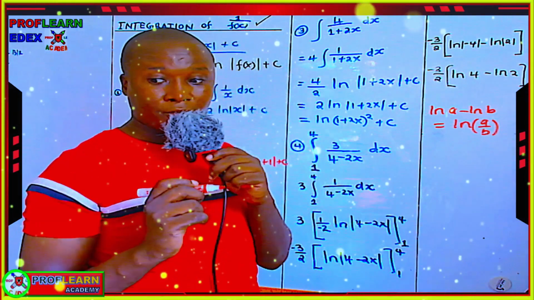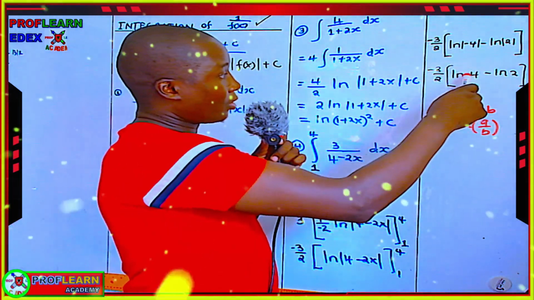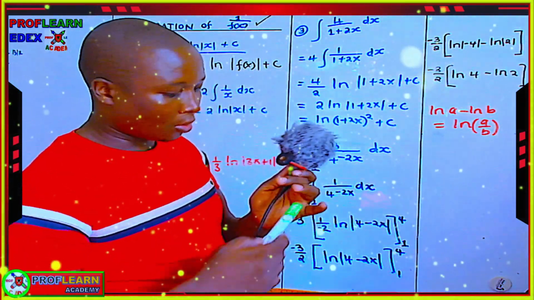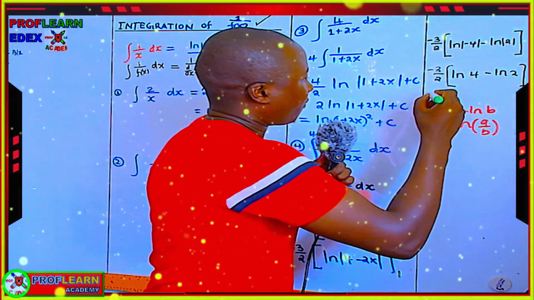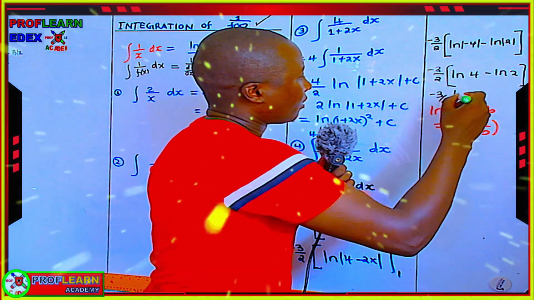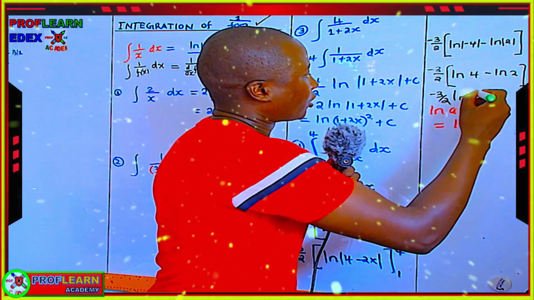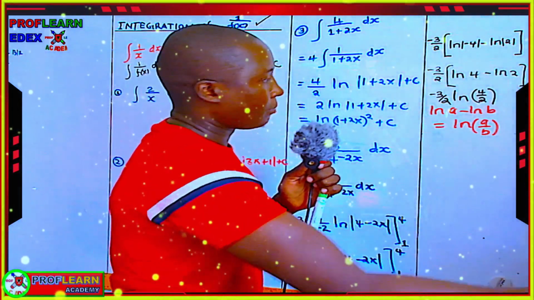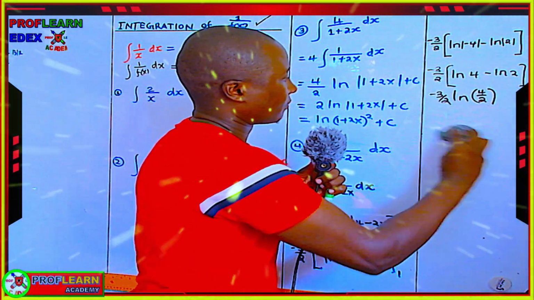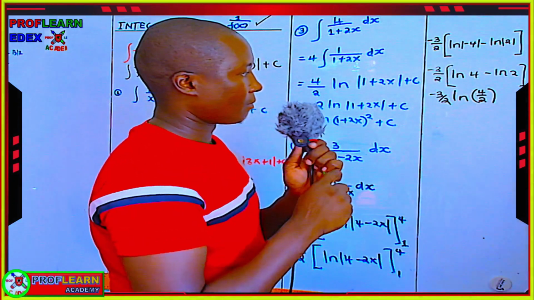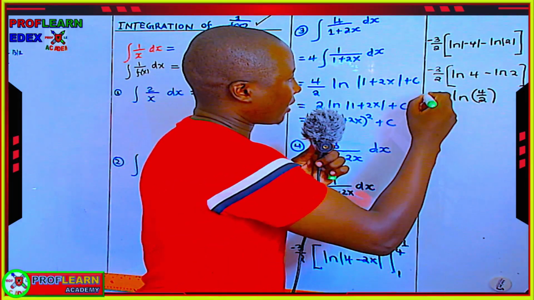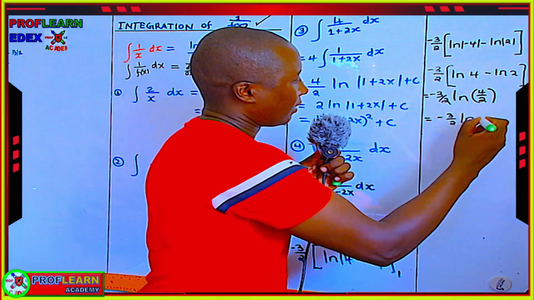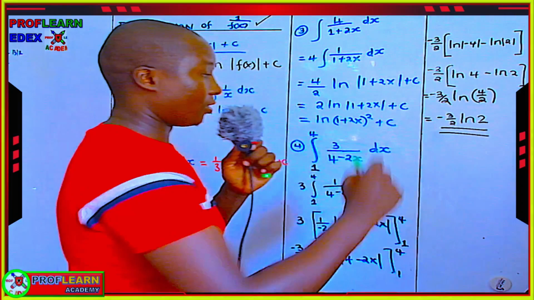Equally here, we are going to simplify that to a single log, which means we are going to have minus 3 over 2 ln of 4 over 2, because of this minus sign. And our expression is going to become finally minus 3 over 2 ln of 2 as the final answer to this.